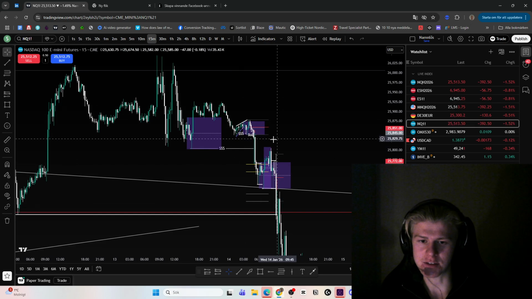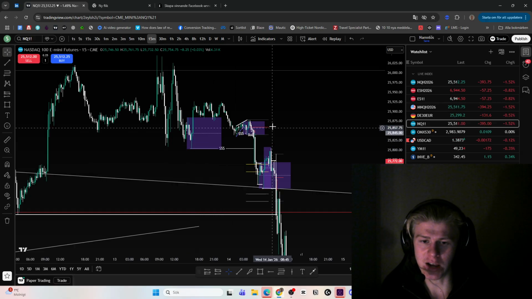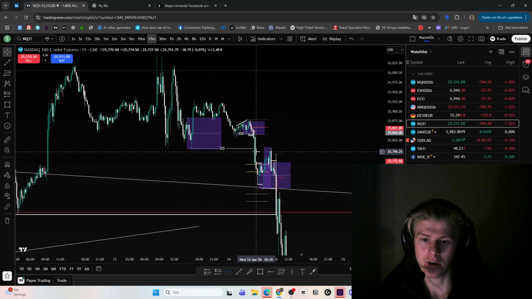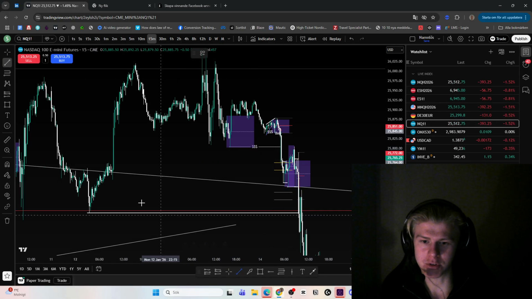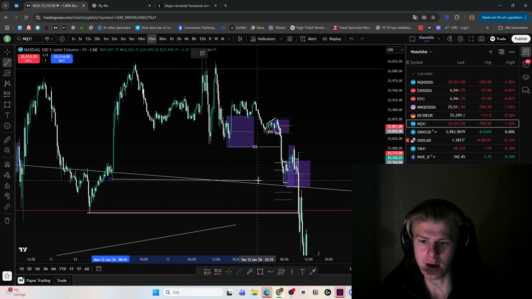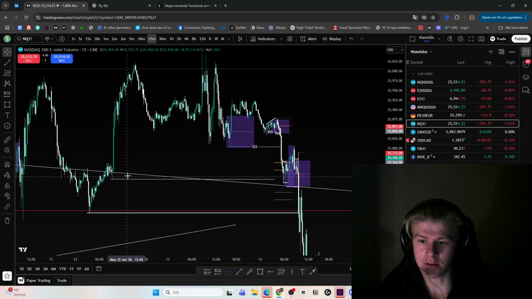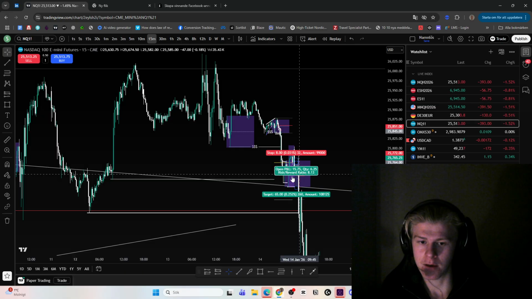So in this instance, once we break this low, breaking this low tells us, okay, we're pursuing a low even further down. And the next obvious one is the pre-opening ones of yesterday, right? This low is very clear. And that's what we got.